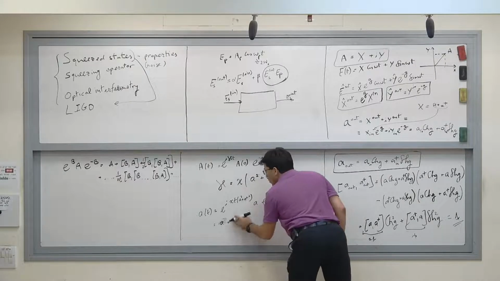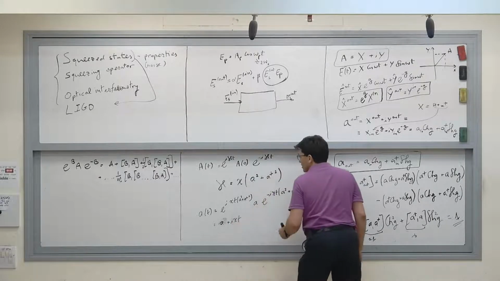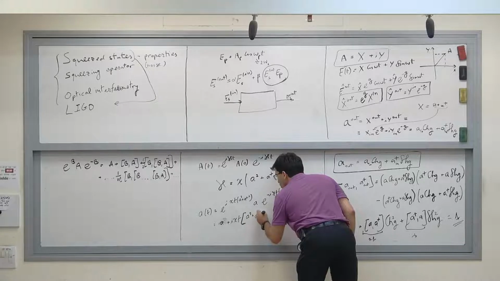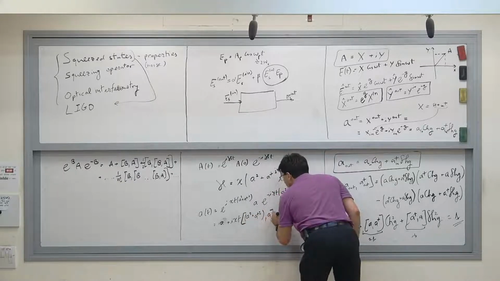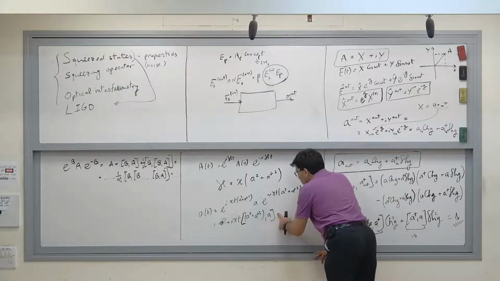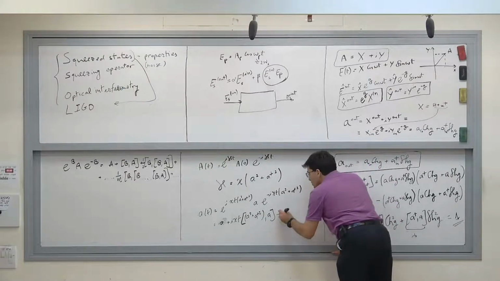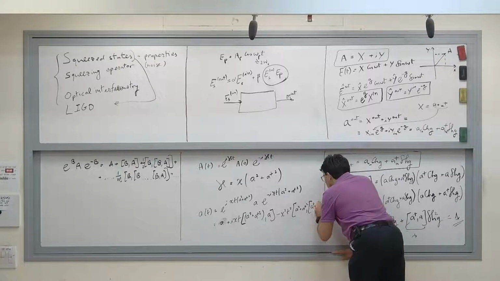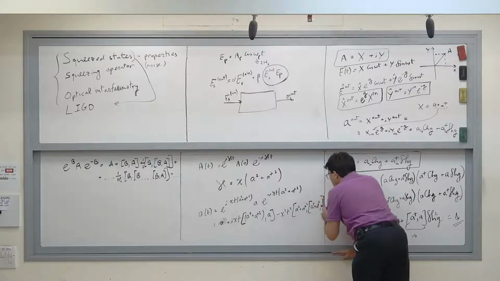We have i chi t times the commutator of A squared plus A dagger squared with A. And then we will have, in this case it's going to be minus, of course, chi squared t squared times the commutator of A squared plus A dagger squared, with the commutator of the same thing with A, and then there will be more.